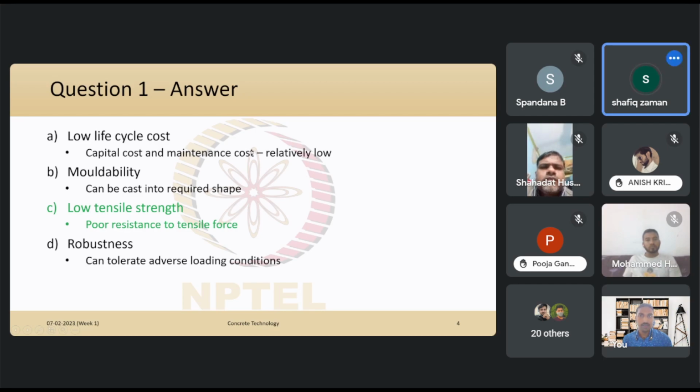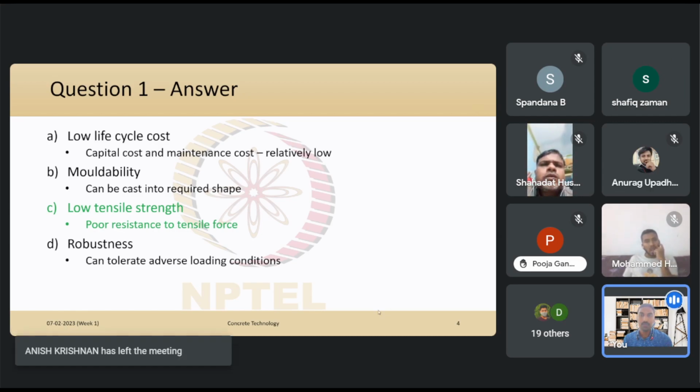And this total life cycle cost is relatively lower for concrete as compared to other materials that we may use, right? So it has a low life cycle cost, and therefore it is actually an advantage, right? Because it is then cheaper to use in bulk amounts as it is required for construction, right? Therefore, it is desirable to have a low life cycle cost.